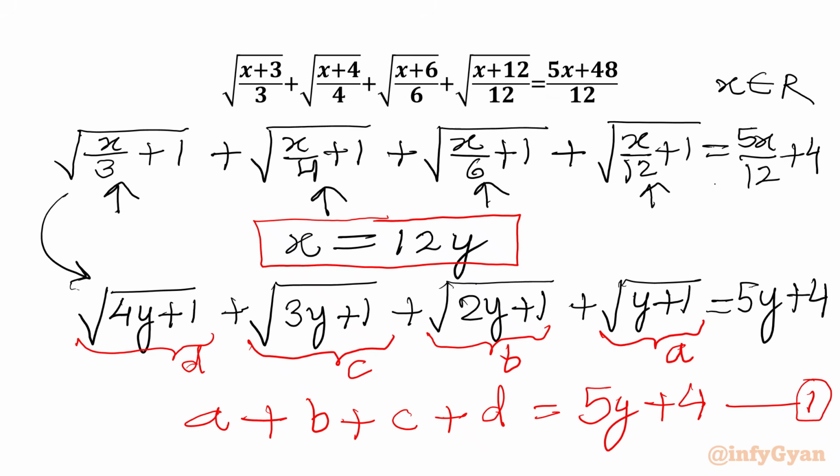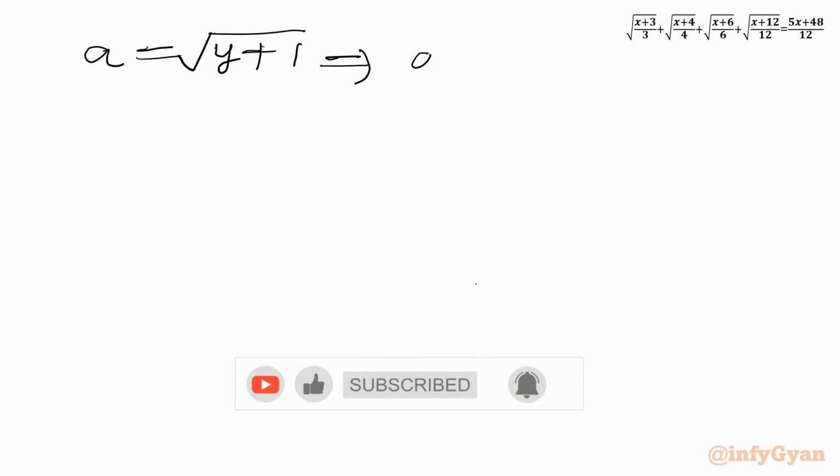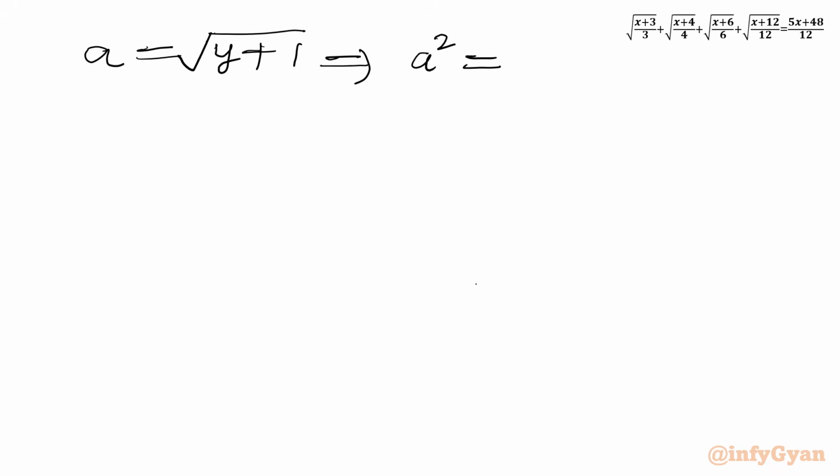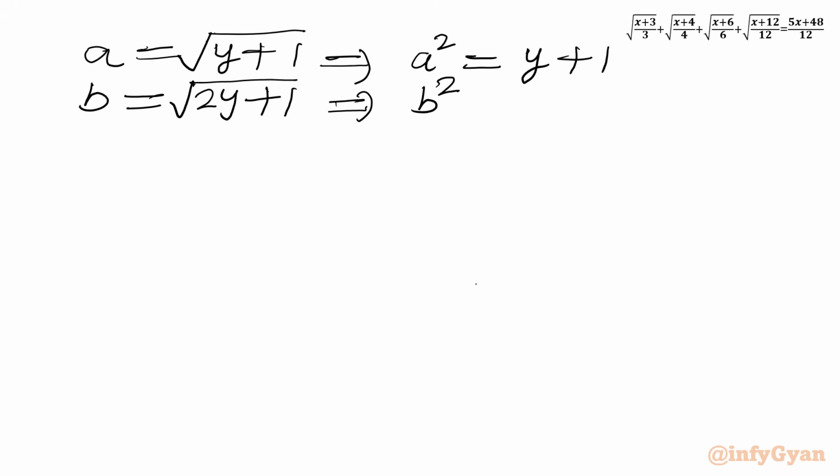Now we will be squaring our substitutions. Let me write here a equal to the square root of y plus 1. I will square both sides and write a square equal to y plus 1. Similarly, b is equal to the square root of 2y plus 1. After squaring both sides, we get b square equal to 2y plus 1.